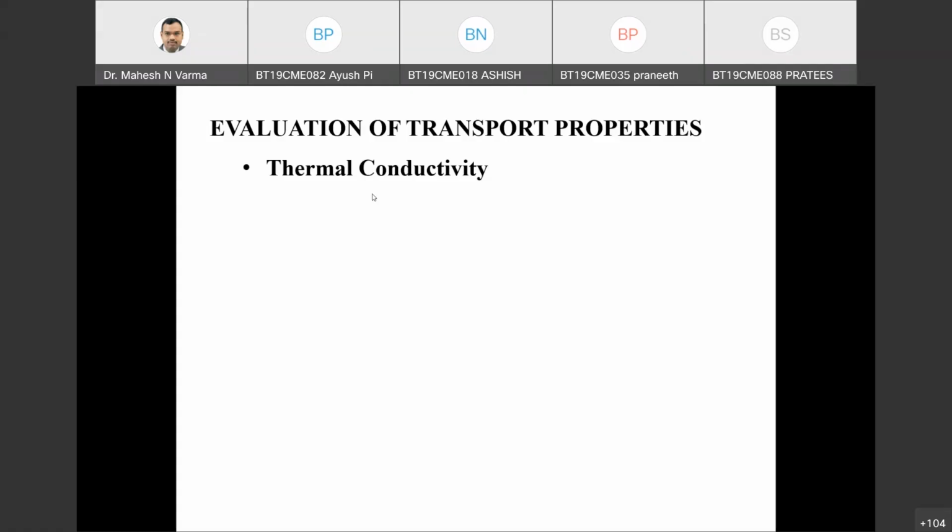Very good, reduced temperature. And y-axis maybe reduced K. Reduced K means what? Reduced thermal conductivity.